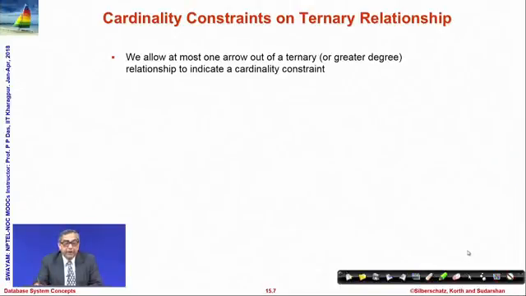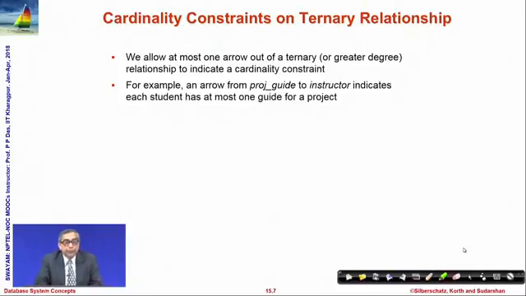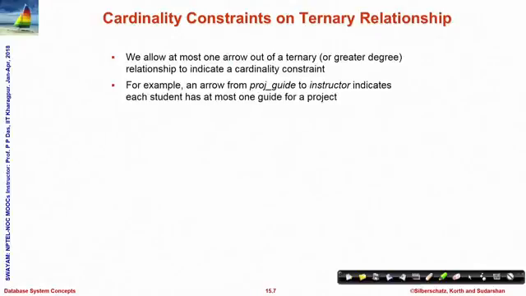Now, the question is how that will work out. What will be the meaning of an arrow in a ternary relationship? In the case of a ternary relationship, or relationships of higher degree where more than 3 entity sets may be involved, we put a restriction that we will allow at most one arrow out of the relationship.